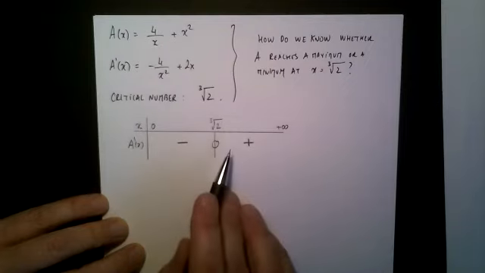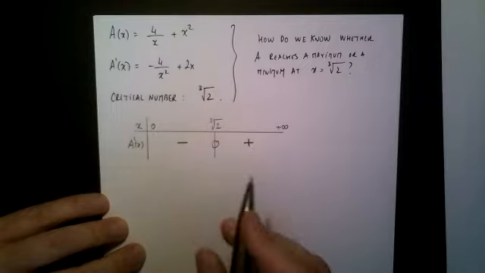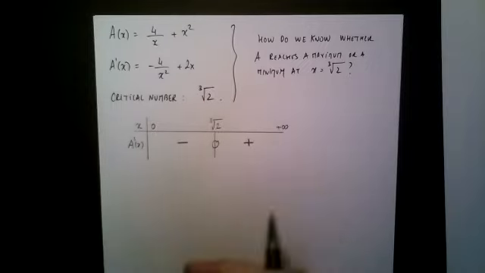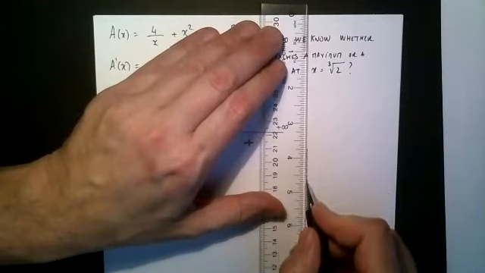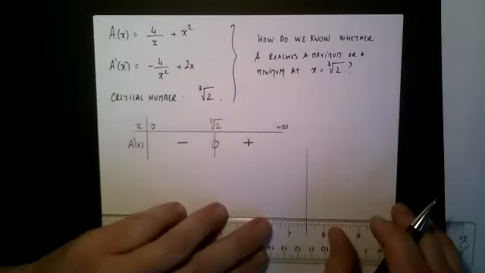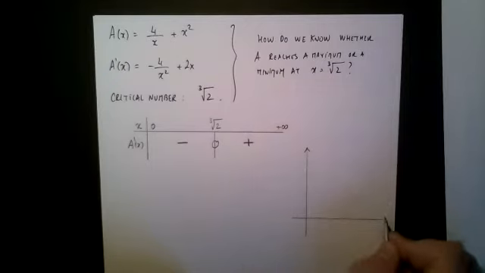Okay. There are a few ways to do this. One way is to see what the function looks like, so I'm going to draw A. I don't know what A looks like.